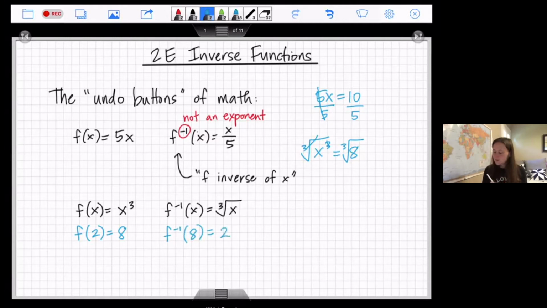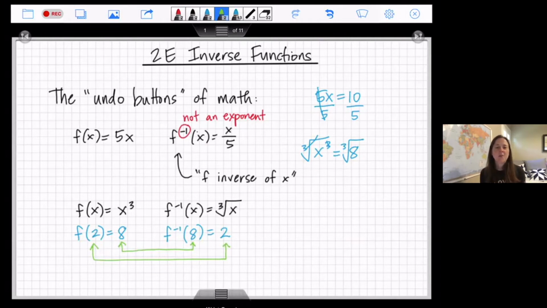All right, so inverse functions also have this habit of swapping inputs and outputs, right? So what was the x for the original function is the y for the inverse function, and what was the y coordinate for the f of x function is the input, or the x, of the inverse function. They swap inputs and outputs.